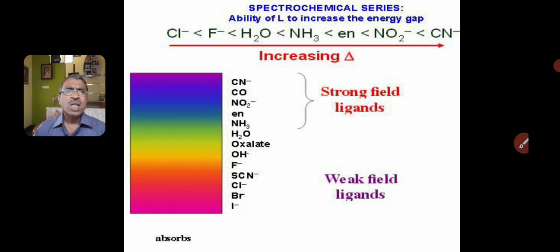Now these ligands are arranged in the decreasing order of the ability to give lone pairs of electrons, and this decreasing order is known as the spectrochemical series. In this, cyanide has a greater power and iodide has the weaker power of donating a lone pair of electrons.